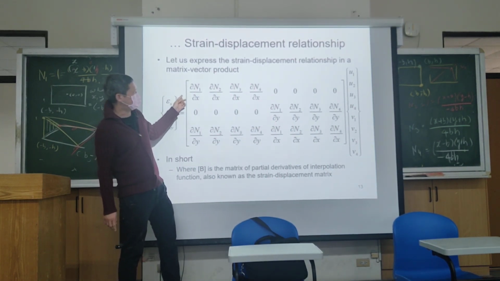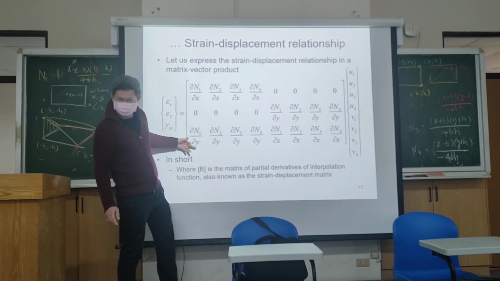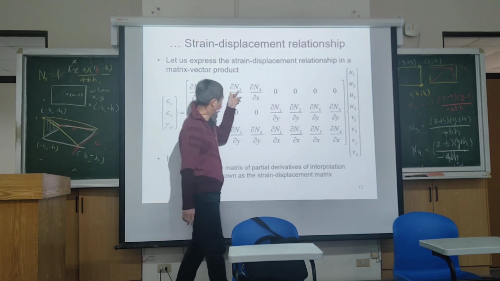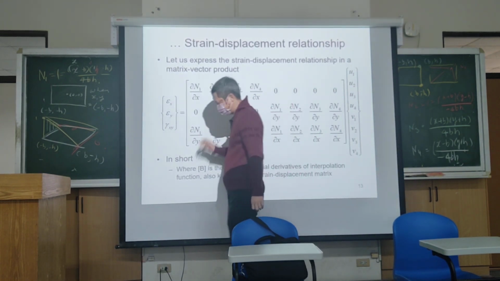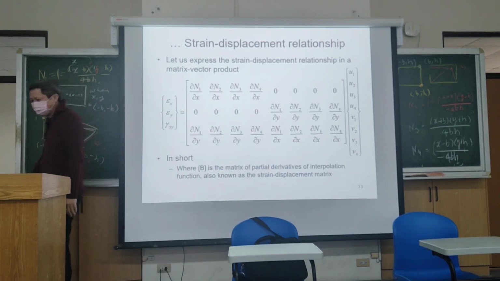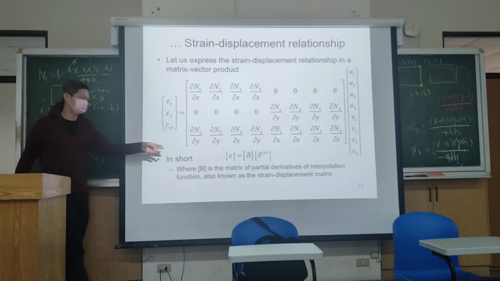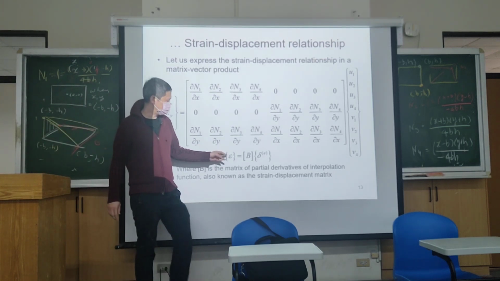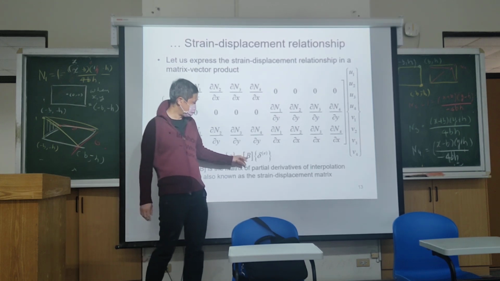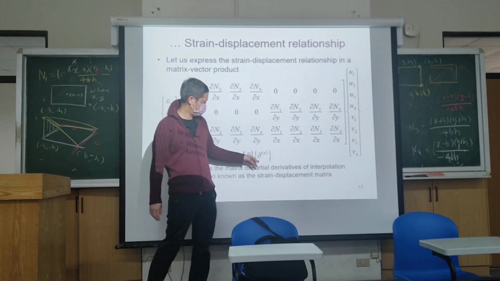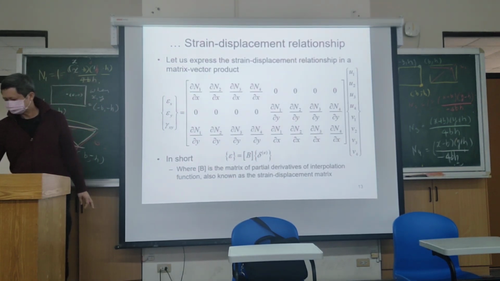This matrix has 3 rows and 8 columns. So this matrix is 3 by 8 in size. Okay? So in short, the strain vector is now the gradient matrix B times the nodal displacement vector. Okay?